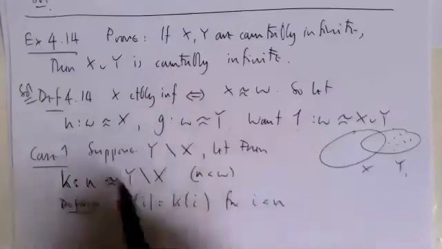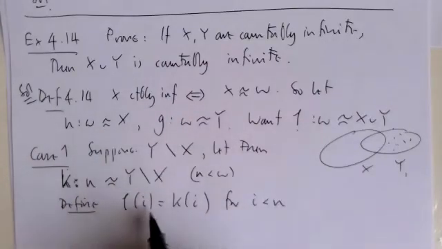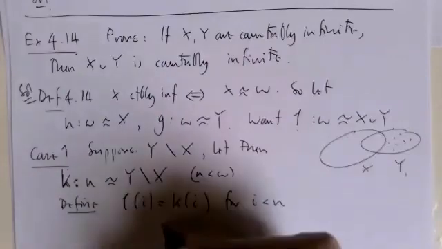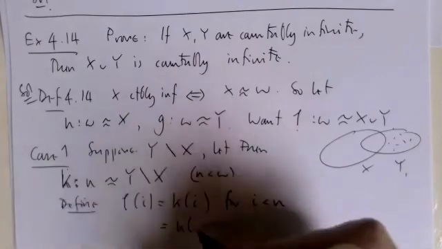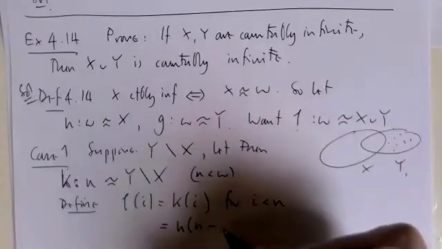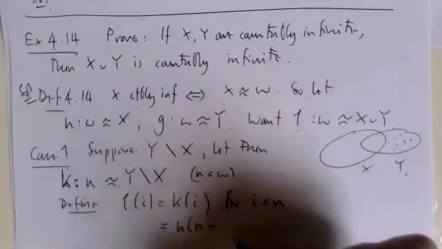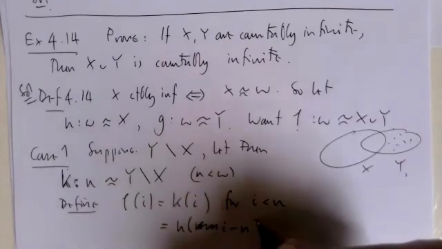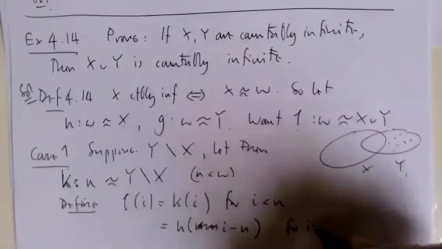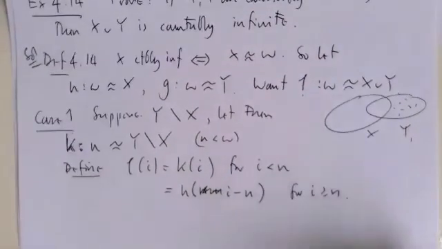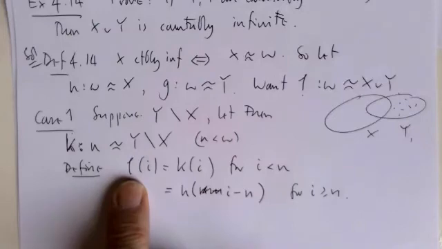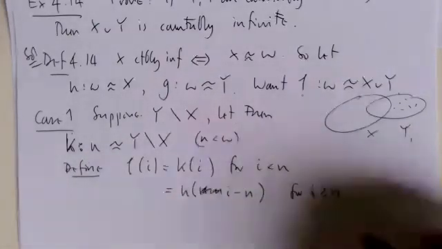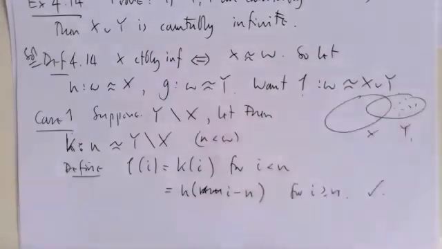And we've not got any over, we specified here in the range of K the stuff that's not in X. So here I'll just let this be H of, so what was this? i minus n here. So both parts of this are 1-to-1, L is 1-to-1, and by design it's onto X union Y. So that's case 1.